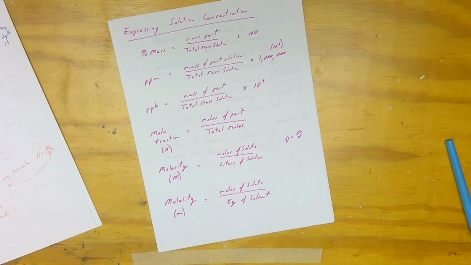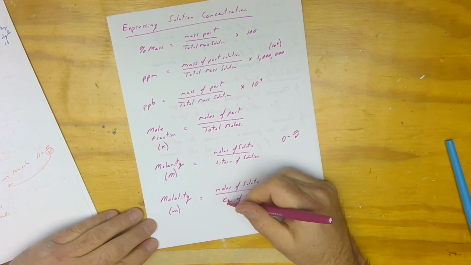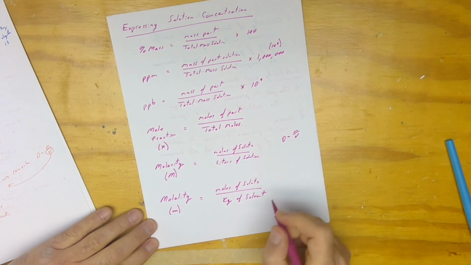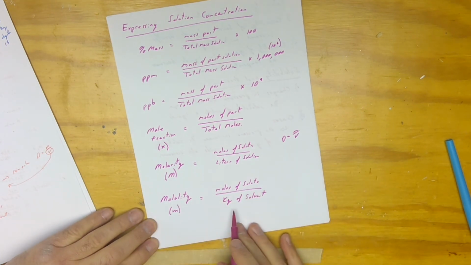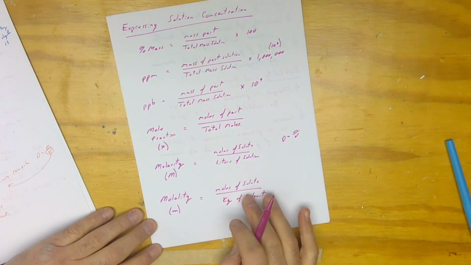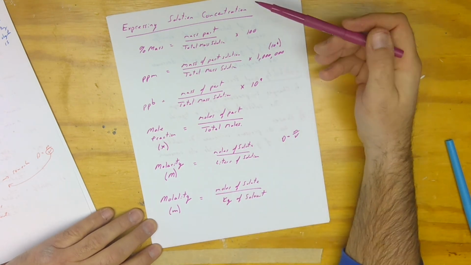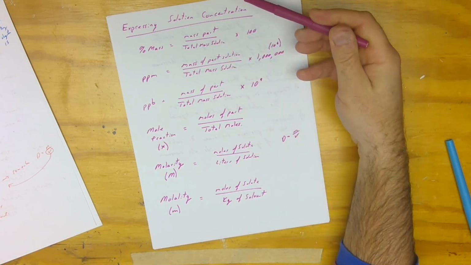Okay, kilograms. This is one we have to be in kilograms for. All right, so this is important when we're dealing with colligative properties of solutions, and we're going to be using this one later on. All right, so these are all pretty easy, and we've used most of these.